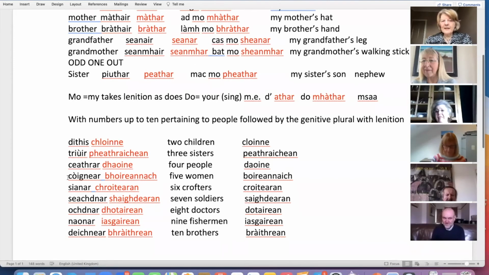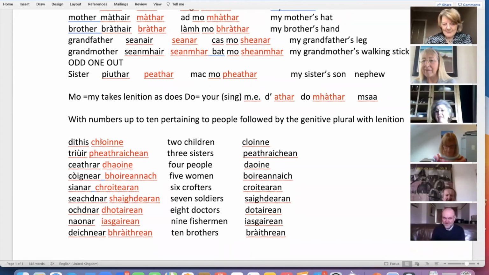But if you want to say what they specifically are, like children, sisters, brothers, doctors, fishermen, whatever, you have to add in the genitive word and lenite it.